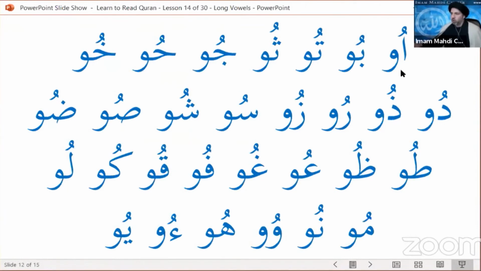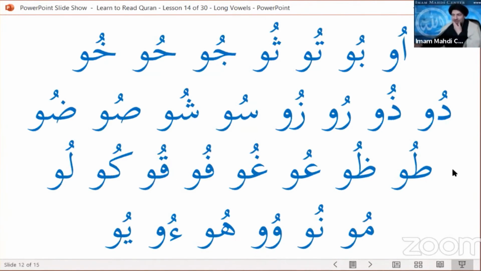So from the beginning, oo, boo, tu, thu, ju, hu, khu, du, zu, ru, zu, su, shu, su, bu, tu, dhu, u, ghu, fu, qu, ku, lu, mu, nu, wu, hu, u, yu.